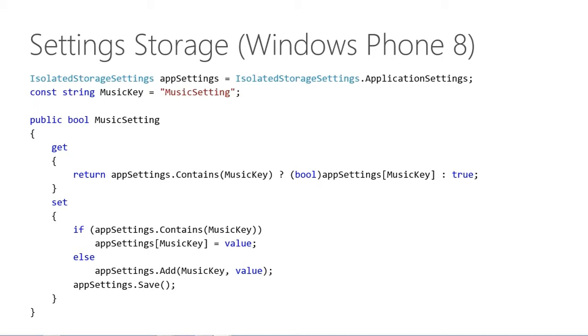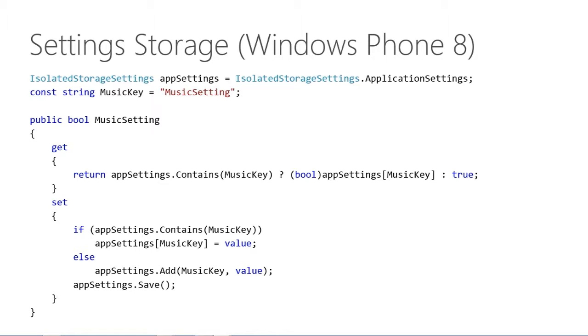Windows Phone is quite different. You use the isolated storage settings, as I mentioned earlier. Here we're defining the setting key, which we're calling music setting. It's in the constant music key, and then I have this property that has been set up here.